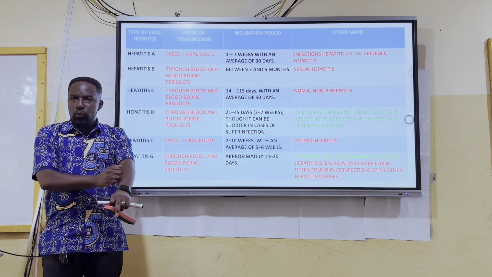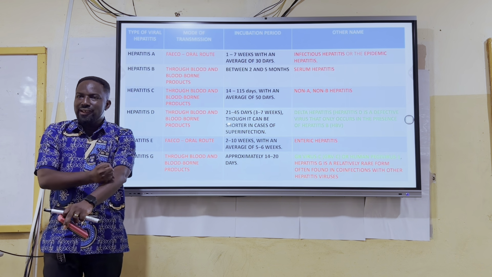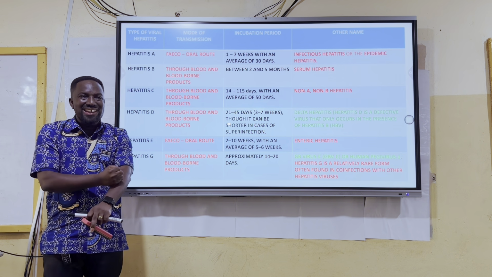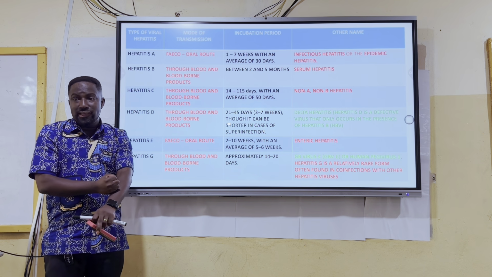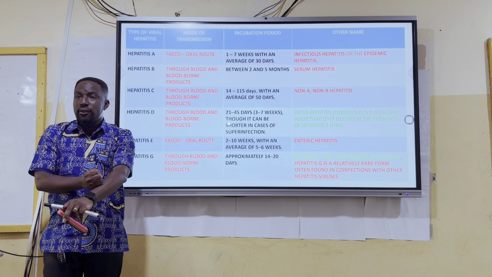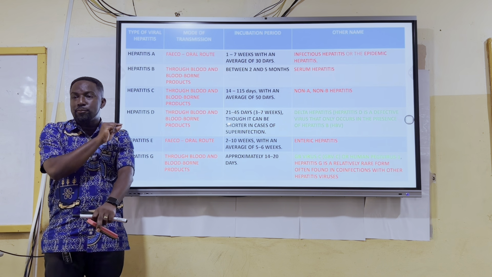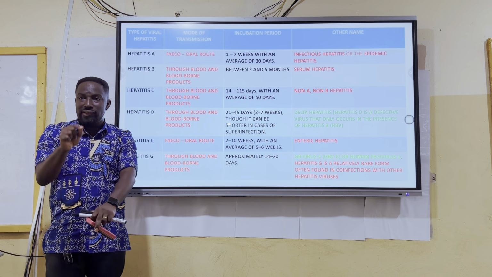Or like we said, when you go for tattooing, and they use instruments on an individual that has hepatitis B, C, or D, and the instruments are not sterilized well, and the blood on the instrument contains the hepatitis B, C, D, or G virus.